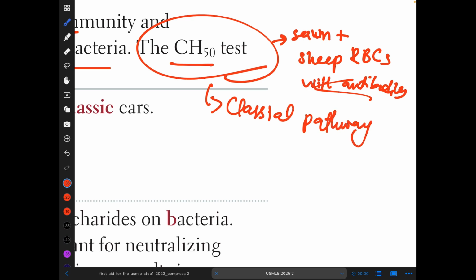The serum is with the RBC and antibody, and it will detect whether everything is normal or not. The normal range is 150 to 250 units per milliliter. It detects low C3 or C4 levels in many complement-mediated diseases like lupus, lupus nephritis, and post-streptococcal nephritis.